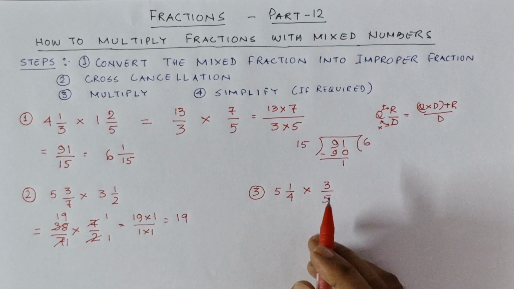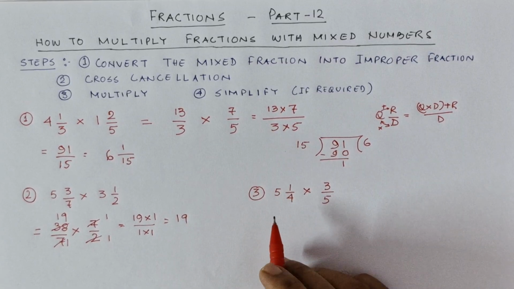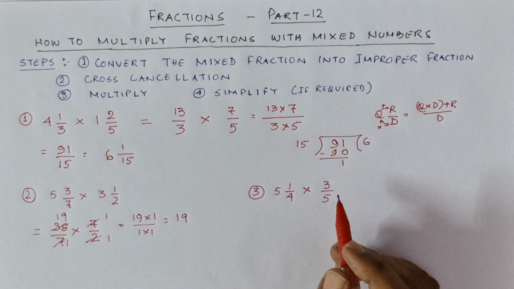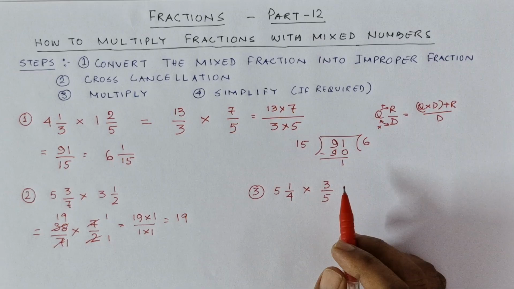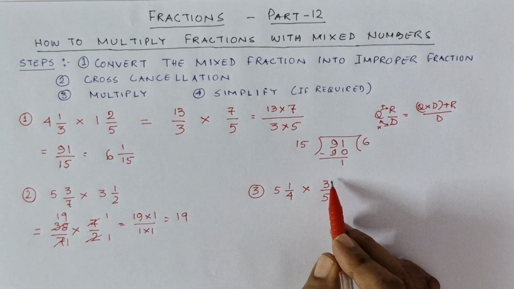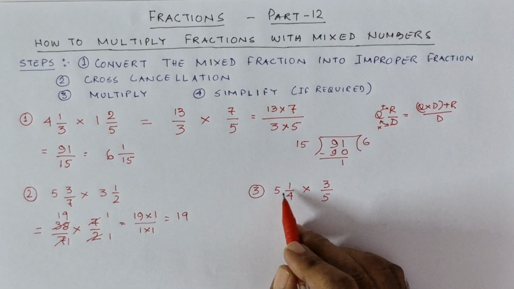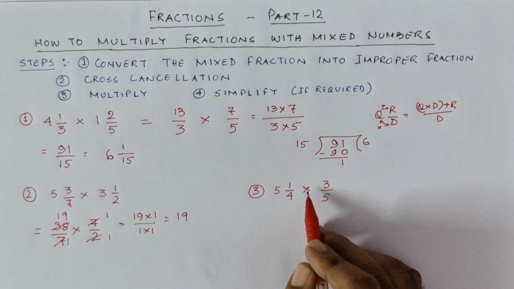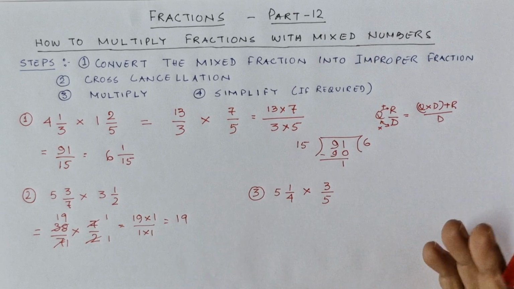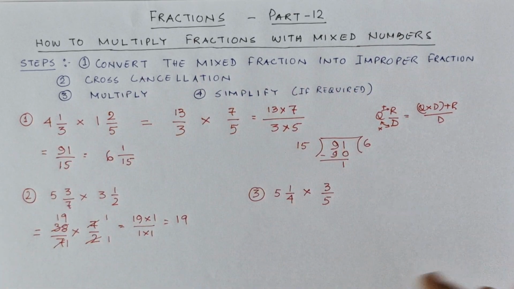Okay, so let's see another format. See, in the third problem, let's take another peculiar case of a mixed fraction multiplication. See, 5 whole 1 by 4 and this is not a mixed number, right? So this is a proper fraction. So 5 whole 1 by 4 multiplied by 3 by 5. So you don't have to be afraid. Follow these steps simply.